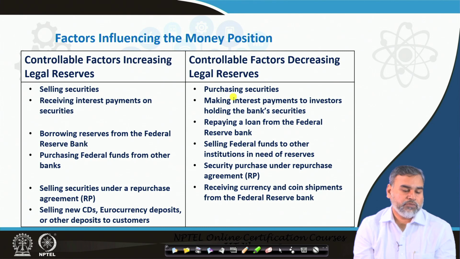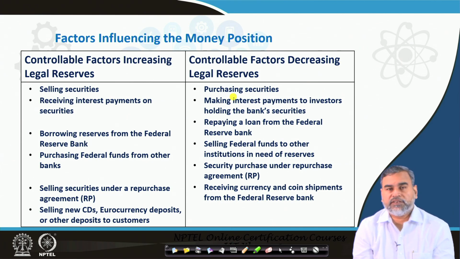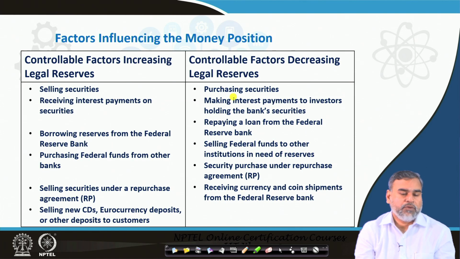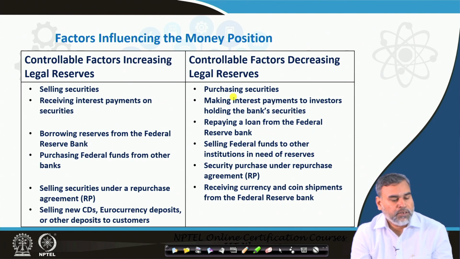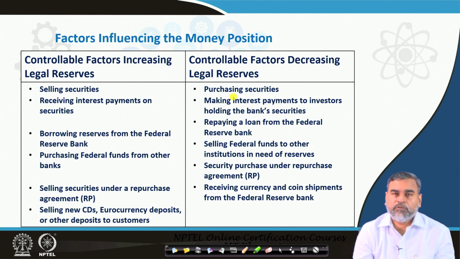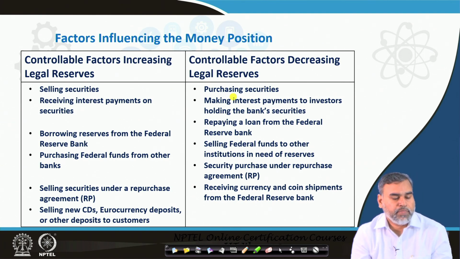If you want to see the factors which increase the legal reserves, then we have selling the securities. We can sell the securities, and receive interest payments on the securities, because these are the short-term cash flows the commercial bank can receive.